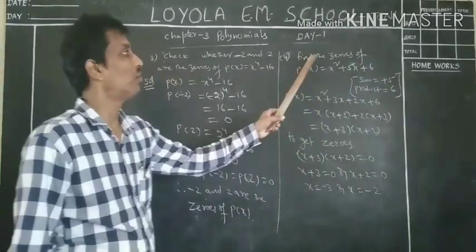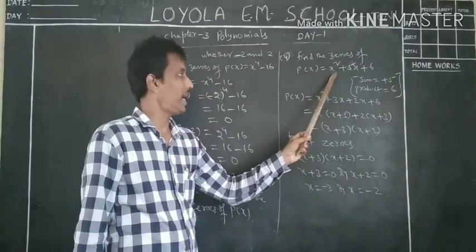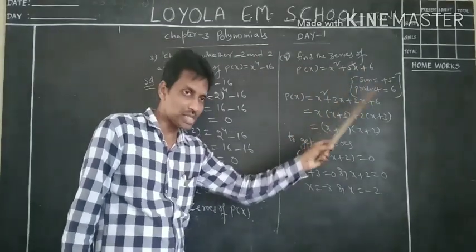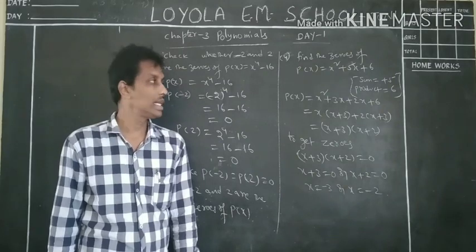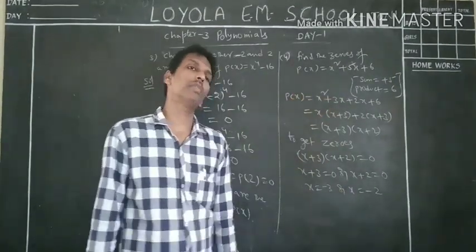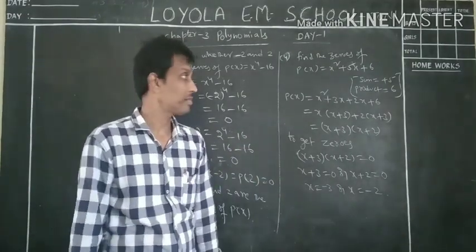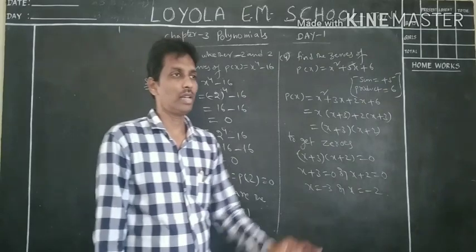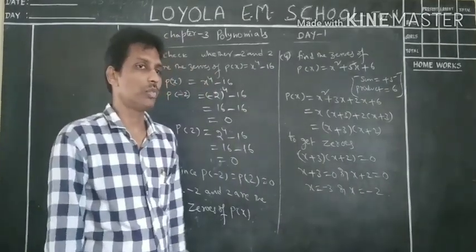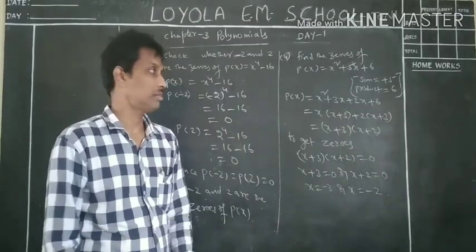Now go through the fourth question. Find the zeros of p of x equal to x square plus 5x plus 6. It is a quadratic polynomial. So let us convert the given quadratic polynomial into factors first. You know very well, in our 8th class and 9th class level, we have seen how to do factorization.